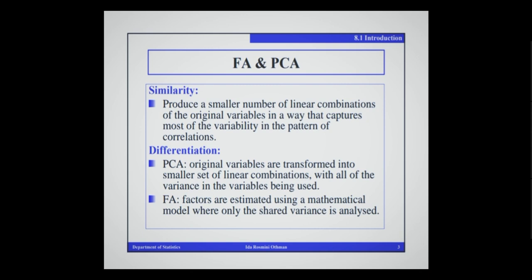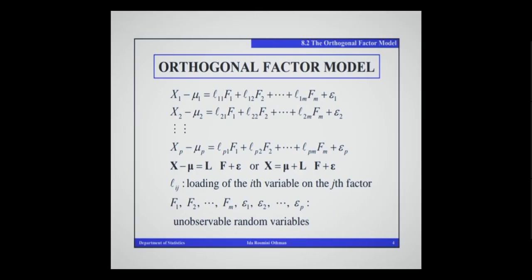Okay, so untuk FA ni kita akan gunakan method of estimation. Kita gunakan MLE dan juga principal component sebenarnya. So daripada situ kita akan gunakan mathematical model. Akan ada model lah untuk factor analysis. Okay, that is the difference dan juga similarities of these two method, FA dan PCA.